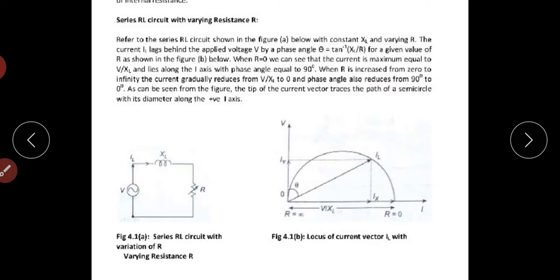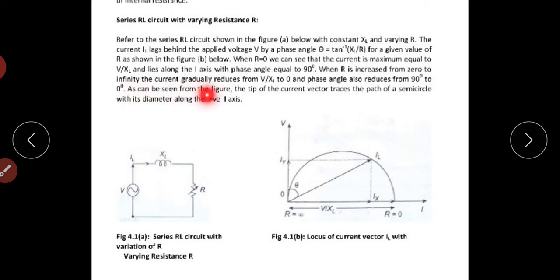The phase angle theta equals tan inverse of XL by R. At R equals 0, theta equals tan inverse of infinity, which equals pi by 2. At R equals infinity, theta equals tan inverse of XL by infinity, and XL by infinity equals 0, so theta equals tan inverse of 0, which equals 0. So finally at R equals infinity, the current value equals 0 and the angle value also becomes 0.